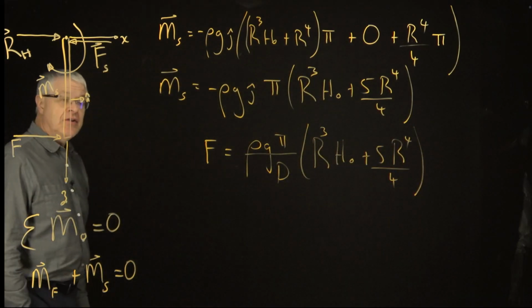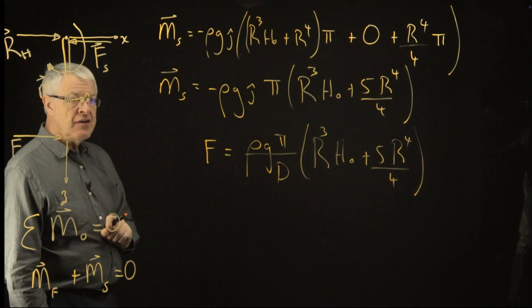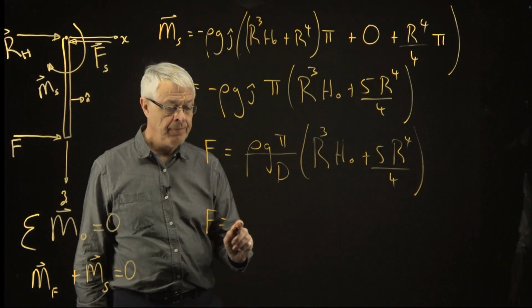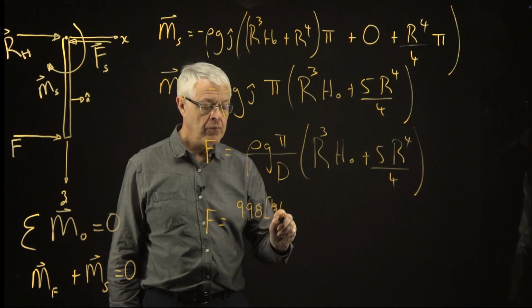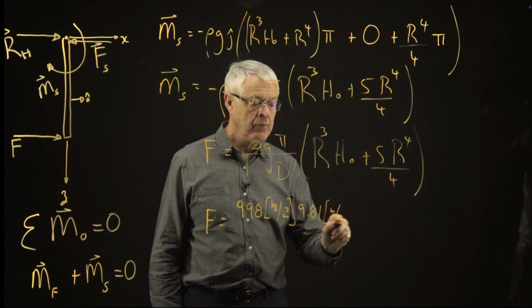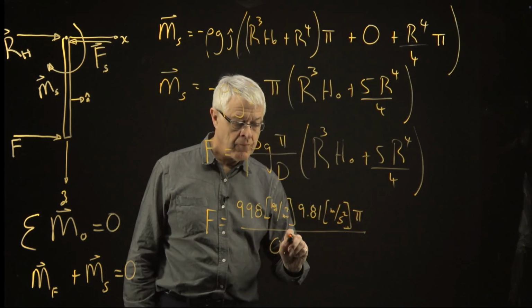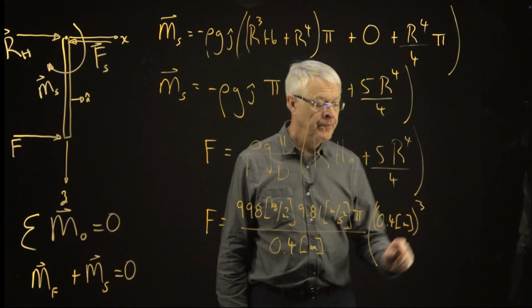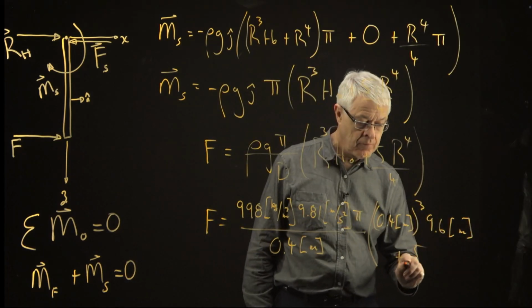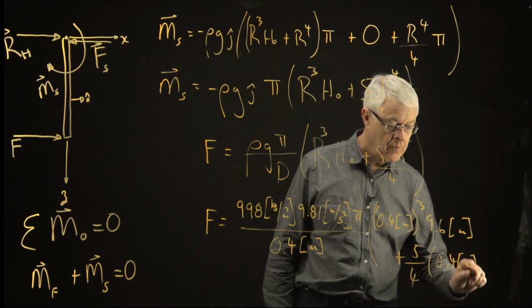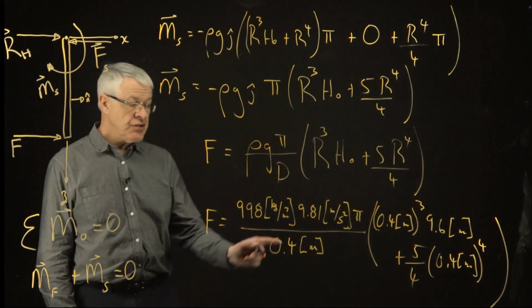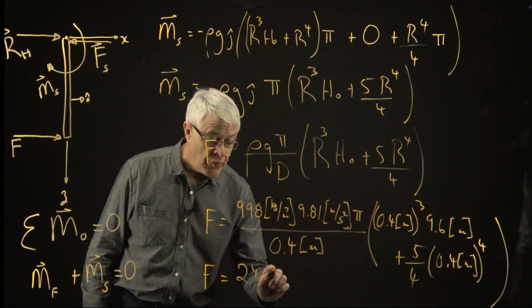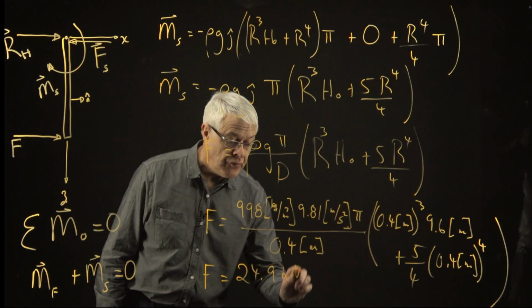So the last thing we need to do is substitute in all of the numbers that we have and solve for our final value of F. So the final value we get when we calculate all of that out is 24.9 kilonewtons.